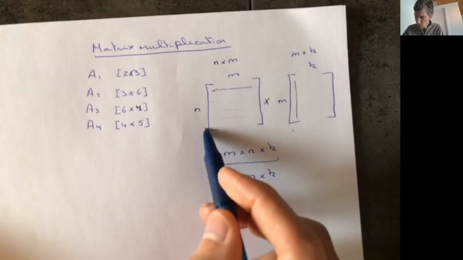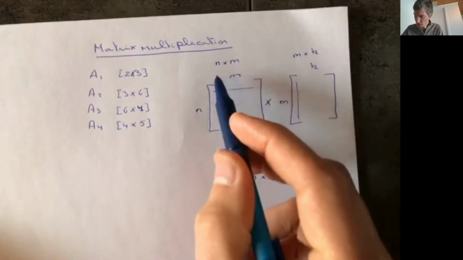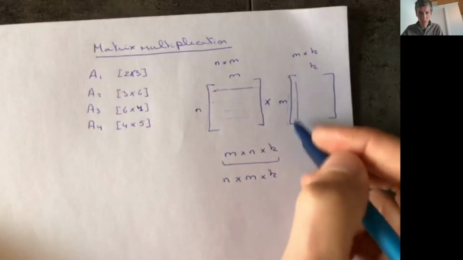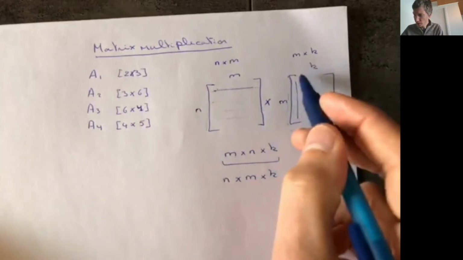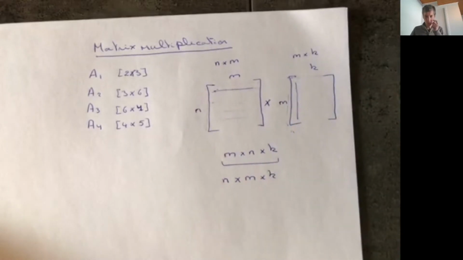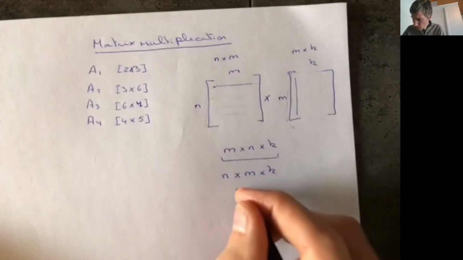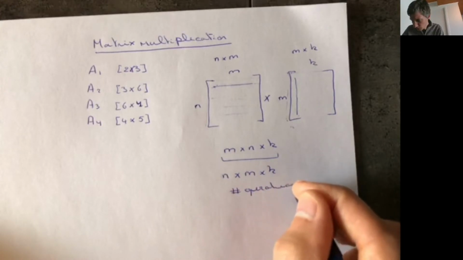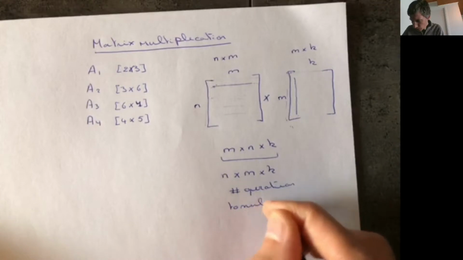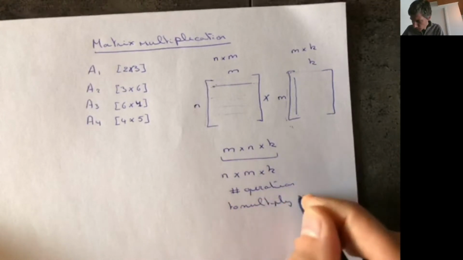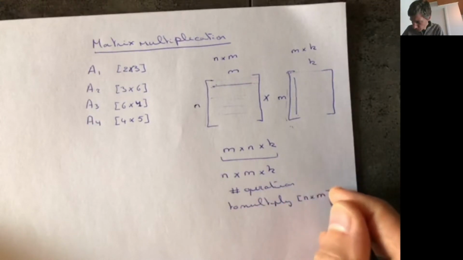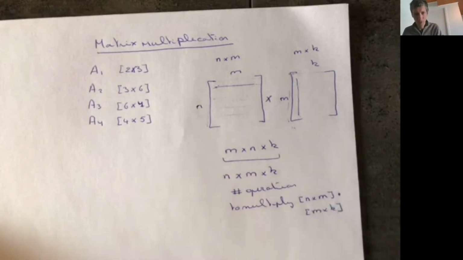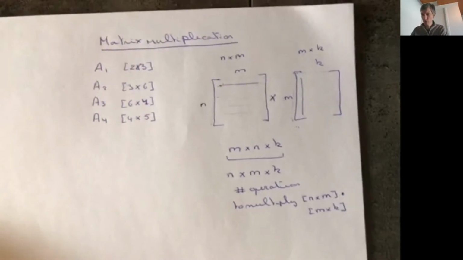So you have the number of rows times the number of columns of the first matrix, which is equal to the number of rows of the second matrix, of course, and then the number of columns of the second matrix. So this is basically the number of operations to multiply a matrix of size n times m times a matrix of size m times k. Okay, so far so good.